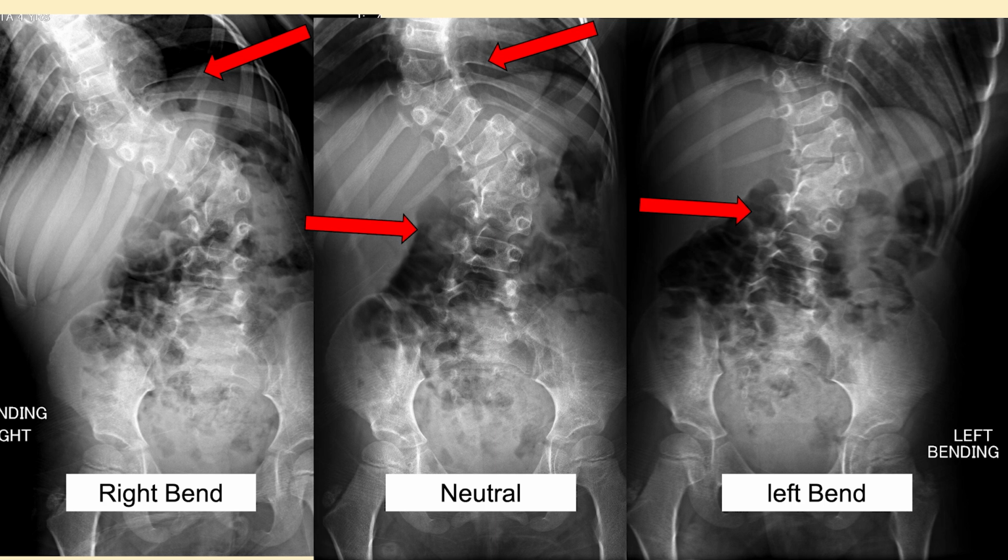In the middle, we're looking at the upper curve, and we can see there's some hemivertebrae, wedge shape, some missing pedicles. A lot of issues. Then we look at the lumbar area, and again the same thing, a lot of congenital anomalies. When we bend her over to the right, and this is the patient facing us, so even though they're bending to the left on the film, they're actually facing us, we can see that even though the hemivertebrae are there, the curve still reduces.